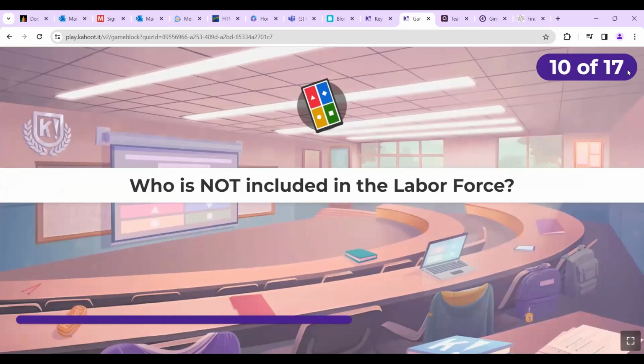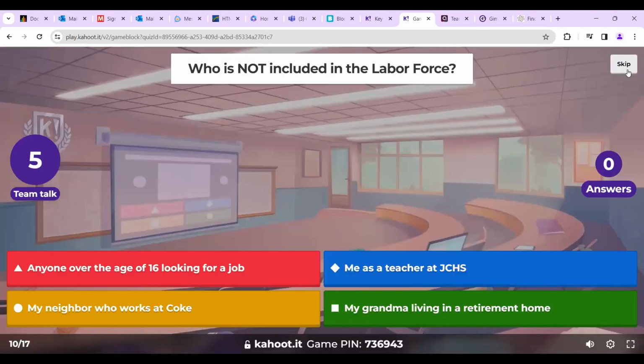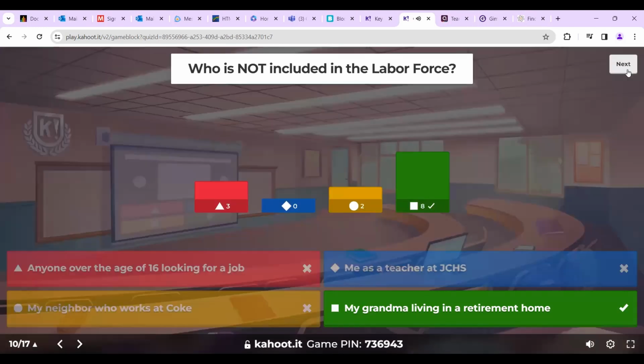Who is not included in the labor force? My grandma living in a retirement home.